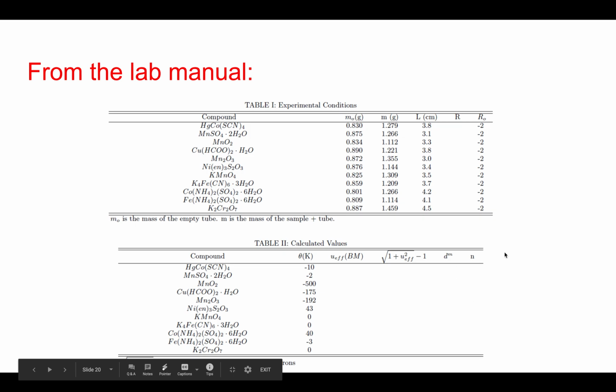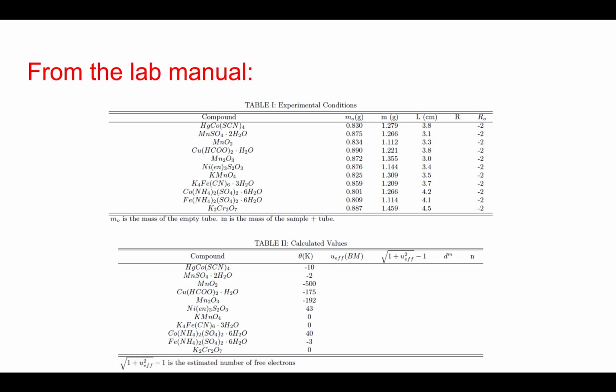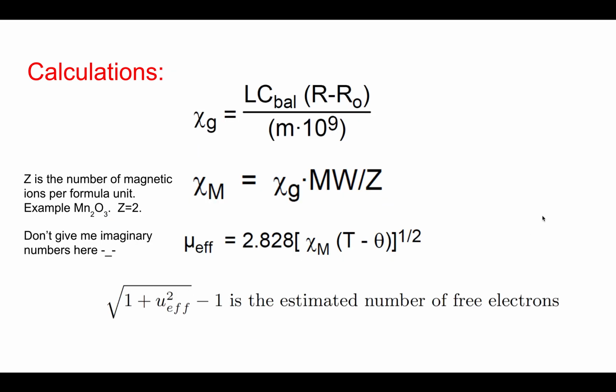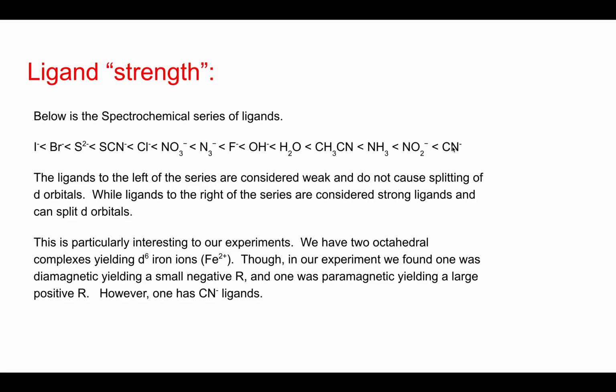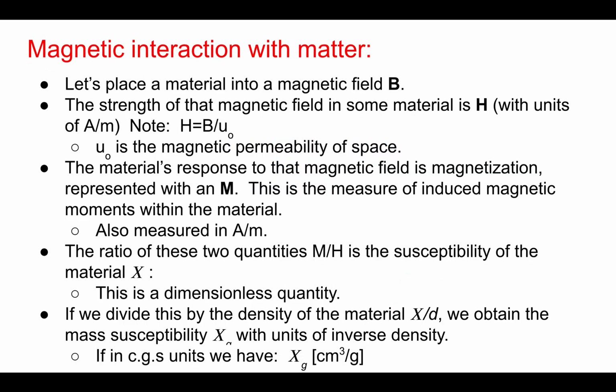So let's say it's a d6 octahedral complex with weak field ligands. Then you would fill 1, 2, 3, 4, 5, and then the 6th electron would go in the first d orbital, so you would have 4 unpaired electrons. But let's say we have CN minus, a strong field ligand. Strong field ligands create a large splitting in the field. I'm going to go back several slides.